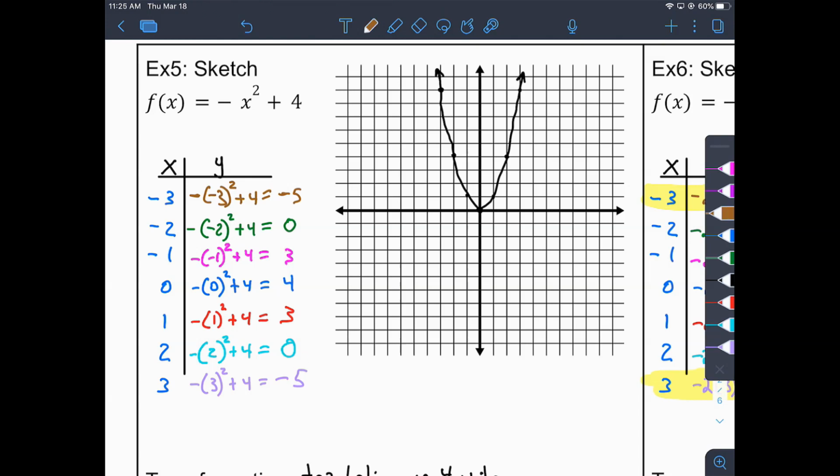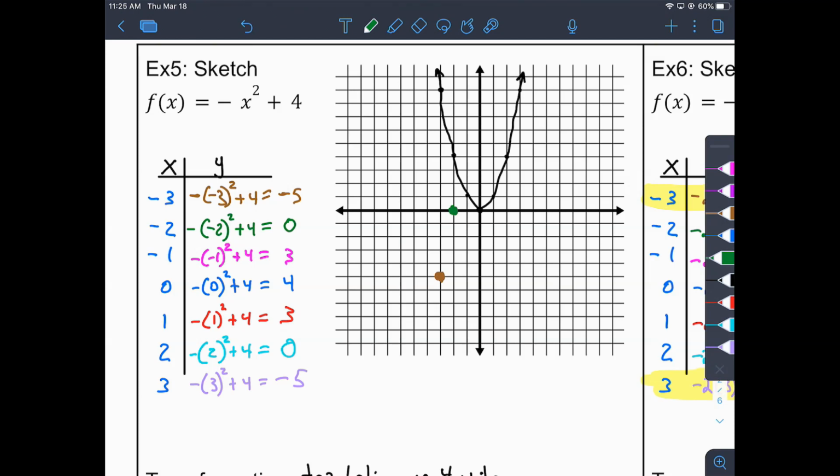I have to go backwards 3, 1, 2, 3, and down 5. 1, 2, 3, 4, 5. There we go. It's going to end up right there. Now the next one is backwards 2, and it doesn't go up or down at all. It's a 0, so I just go backwards 2, and then it's right there.